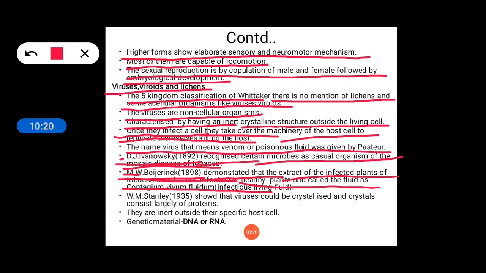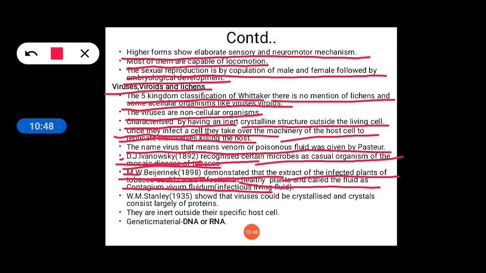What did he do? He extracted the fluid from the infected plants of tobacco, and that fluid caused infection in healthy plants.